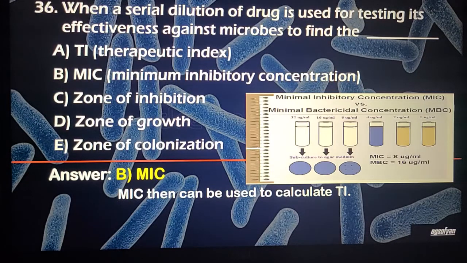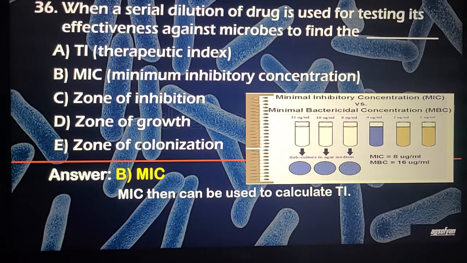And then 16 microgram per milliliter, of course, will also kill bacteria. And 32, of course, because this is a higher concentration, will also kill bacteria. So based on this result, the MIC will be 8 microgram per milliliter. So that's the MIC.